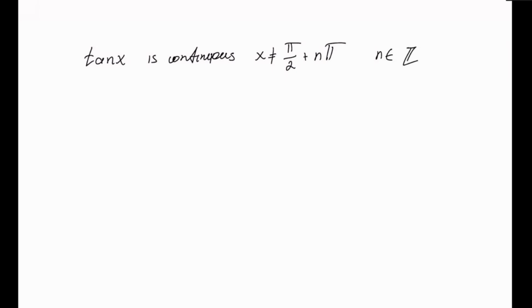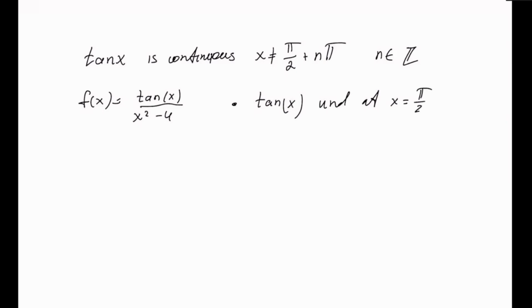For example, f of x equals tangent x over x squared minus 4. Where is this function continuous? This function has two potential issues. Tangent of x is undefined at x equals pi over 2 plus n pi, where n is an integer.